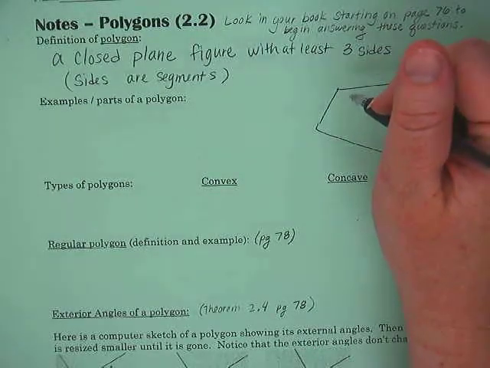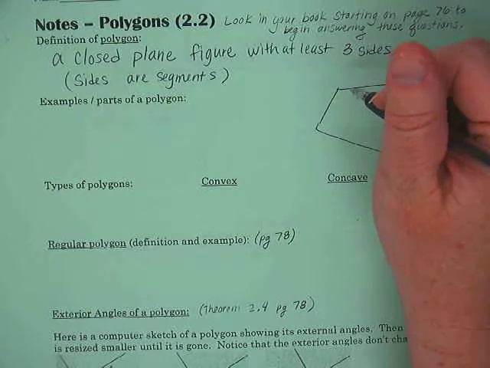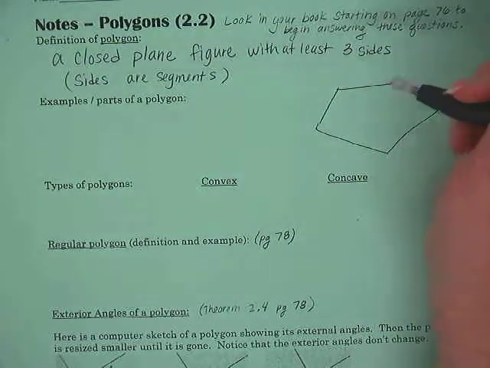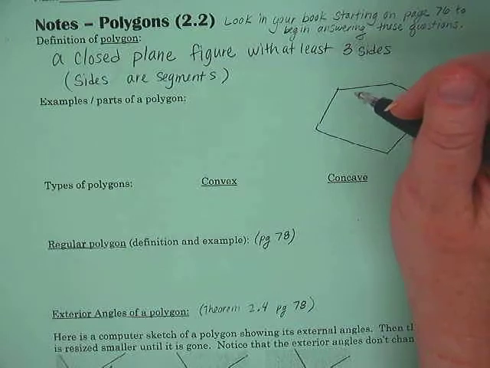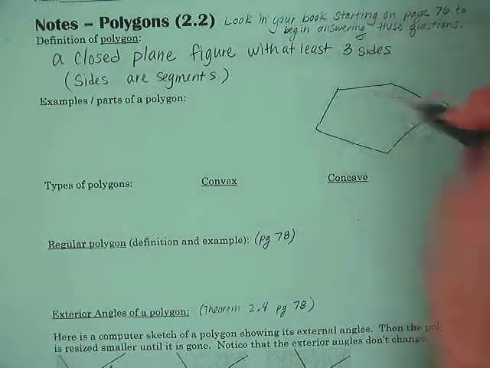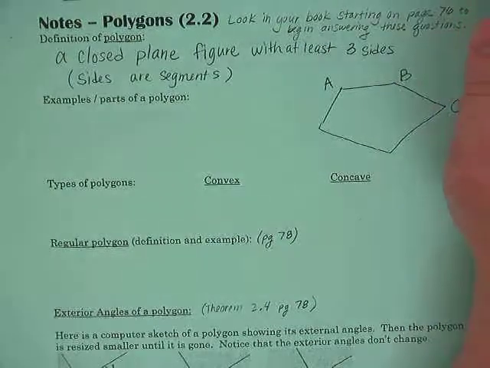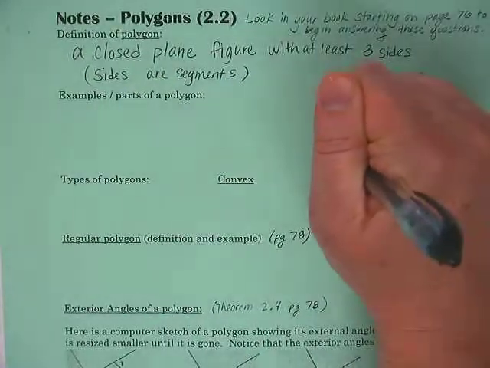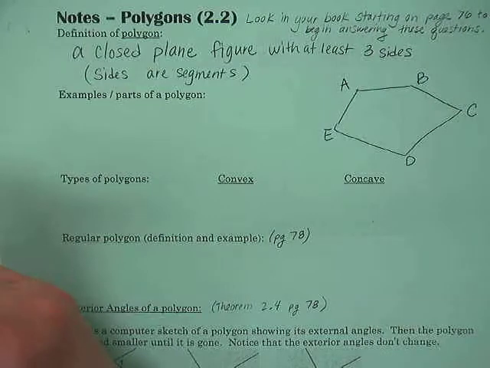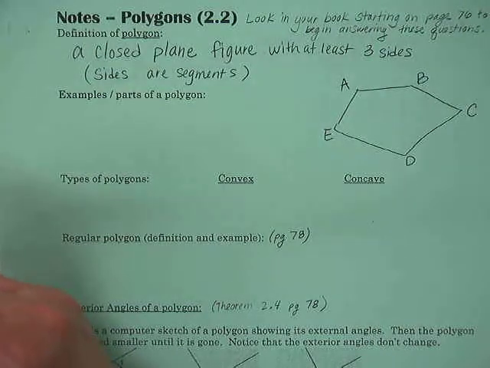So we could name this something boring like A, B, C, D, E. Or we could name it using the letters that actually make a 5-letter word if we wanted to. Like, I don't know, Ralph. R-A-L-P-H if we wanted to. But I'm just going to name this A, B, C, D, E.